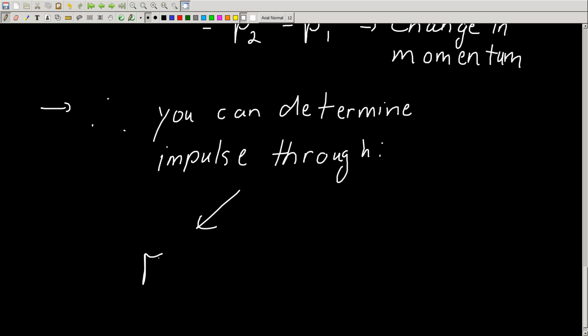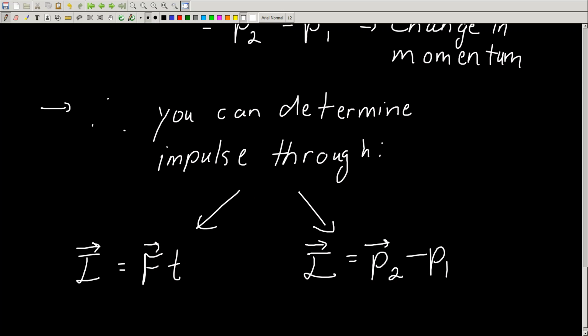One, Ft equals I, and then the other is I equals p2 minus p1 after some force has been applied. But really, folks, these are absolutely identical formulas as we demonstrated just now. We went from I equals Ft all the way to I equals p2 minus p1.